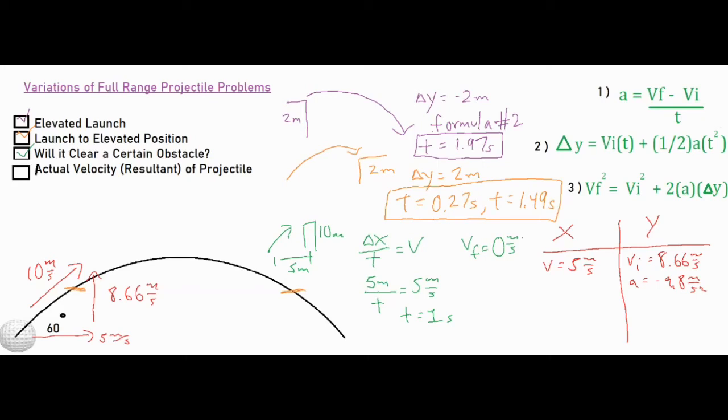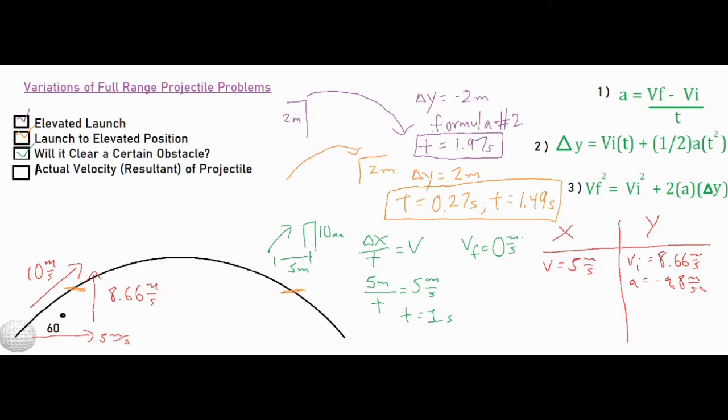And then for the final one, if you're solving for an actual velocity, the actual velocity of the projectile is actually a resultant of your horizontal velocity vector and your vertical velocity vector. So this depends on the question that's being asked of you, but you're going to have to take both of those vectors, connect them together in the tip to tail method, and then solve for the resultant from there.